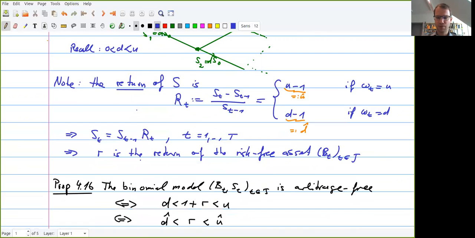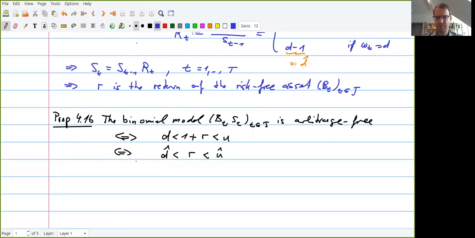Okay, so what does it mean here? This is not part of the statement of the theorem, so let me make a little box to draw a picture for you. So what does this arbitrage-free condition mean?